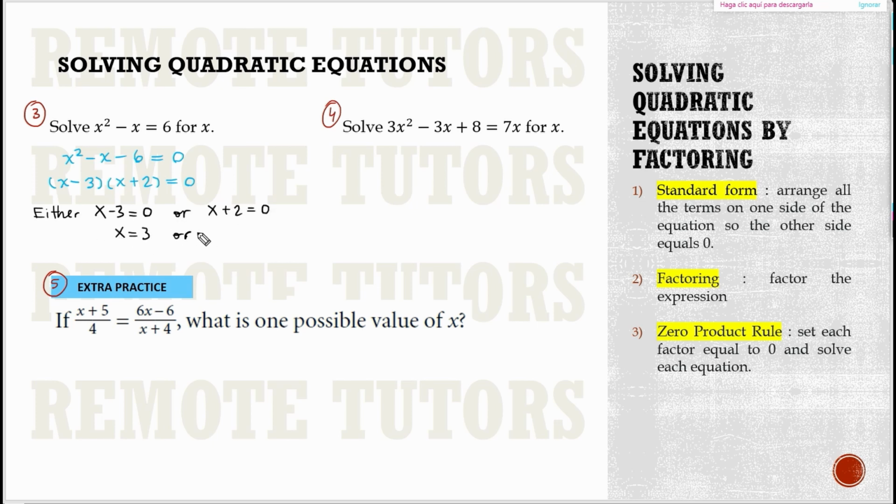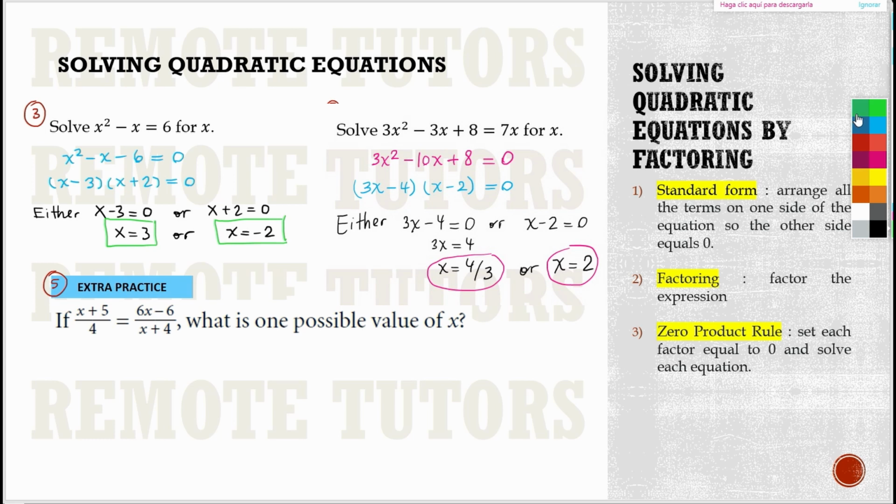So x is either 3 or negative 2. And in example number 5, this is one problem that you will have to solve, but the first step will be cross multiply.